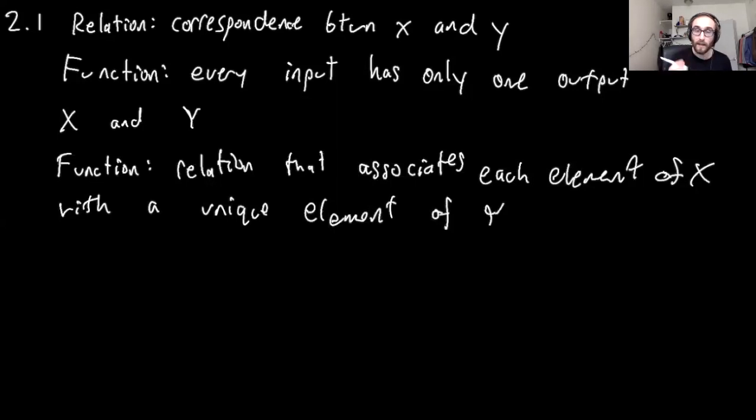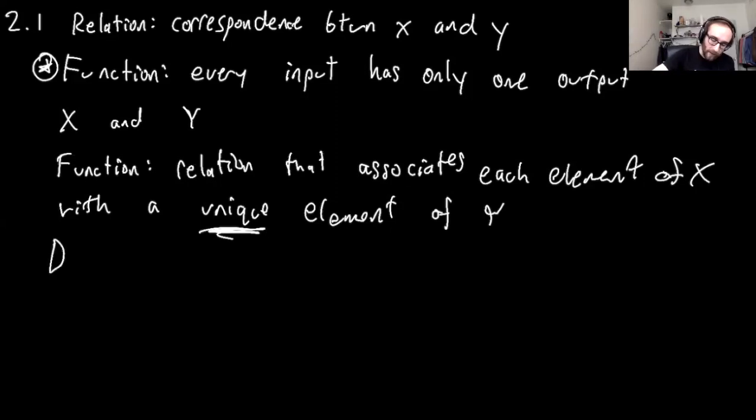And so here the key word is unique. Unique means that there's only one element of y that is corresponding to each element of x. So it's the same kind of wording that we see up here in previous classes, just a little bit more complicated using unique, a little bit more formal, you could say.